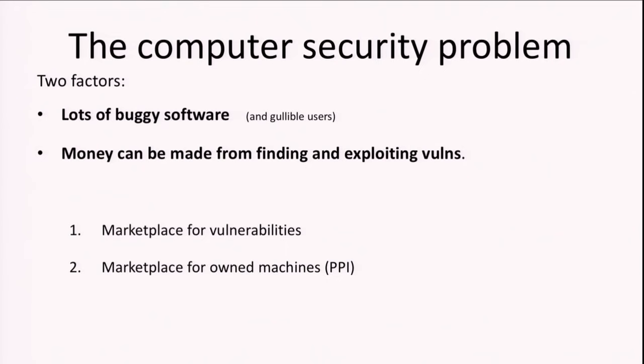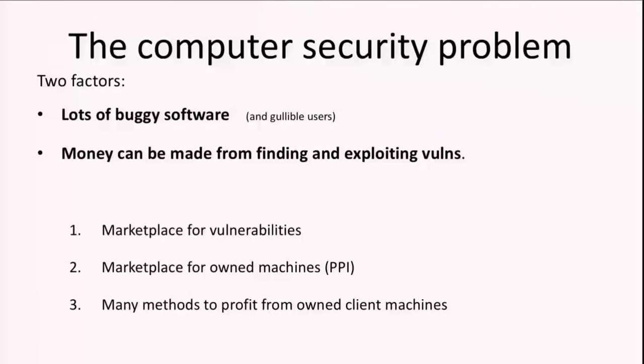Many of you have heard about botnets. Botnets are owned machines, or what we call zombie machines, and these zombie machines are often used to launch attacks. And if you are an owner of a botnet, then you can make money by letting your botnet be used for launching attacks, and we'll talk more about that.